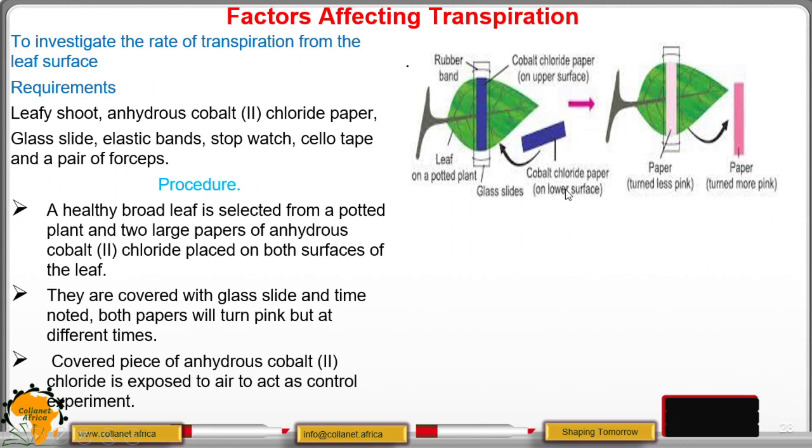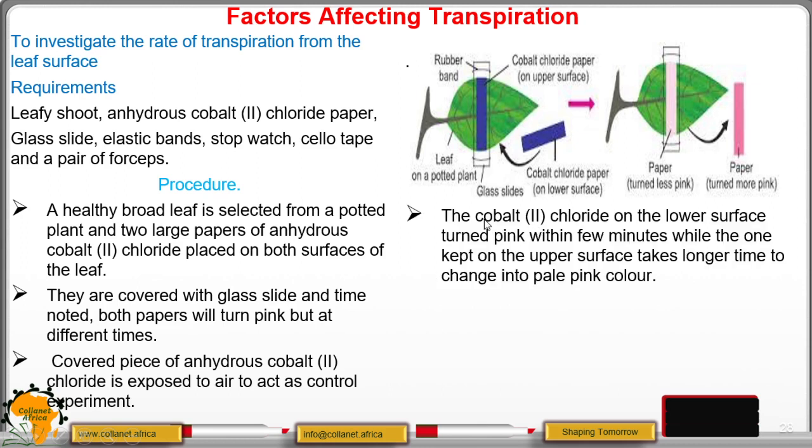What are the observations expected? The cobalt-2 chloride on the lower surface of the leaf turns pink within a very short time, while the one on the upper surface takes a longer time to change the color to pale pink.